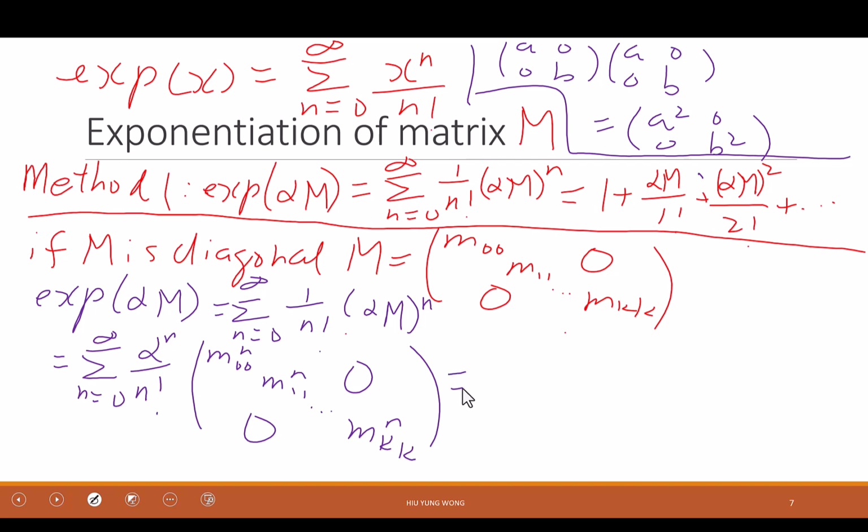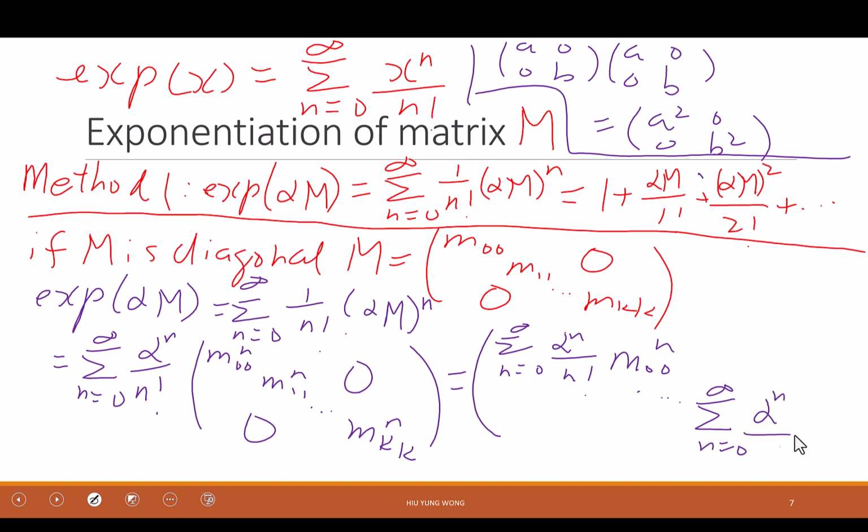So this is equal to what? Summation n equal to 0 to infinity, alpha to the n divided by n factorial, m 0,0 to the power n. Same for the other terms: summation n equal to 0 to infinity, alpha to the n divided by n factorial, m kk to the power n.